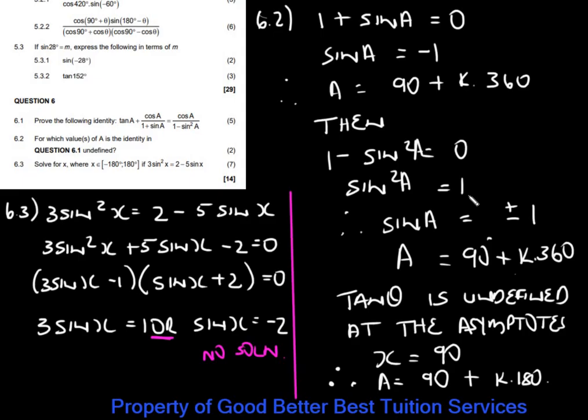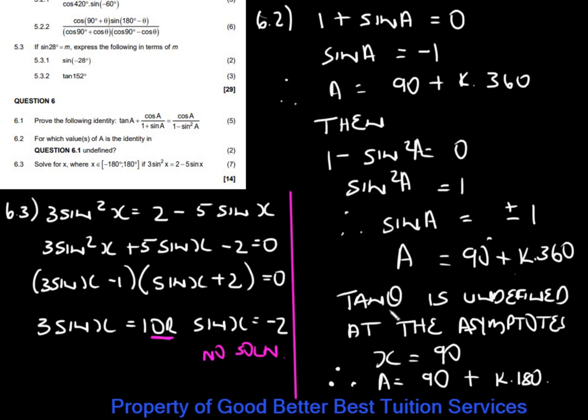But the other thing we need to take into consideration here is that tan of theta is also undefined. Where is tan of theta undefined? It's undefined at the asymptotes. And in this case, the asymptote that we are going to take into consideration is 90 degrees.